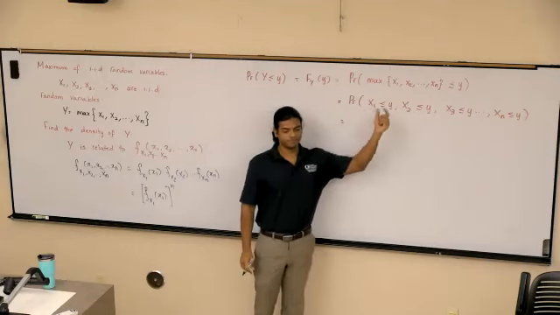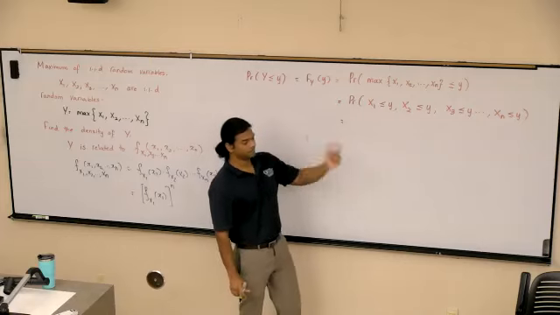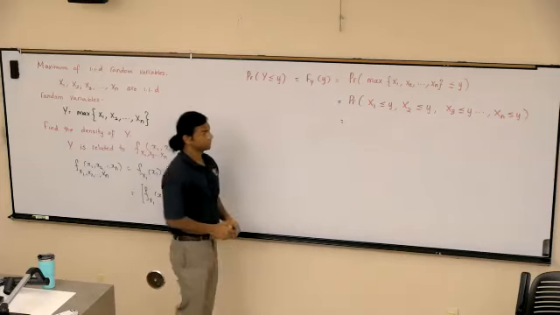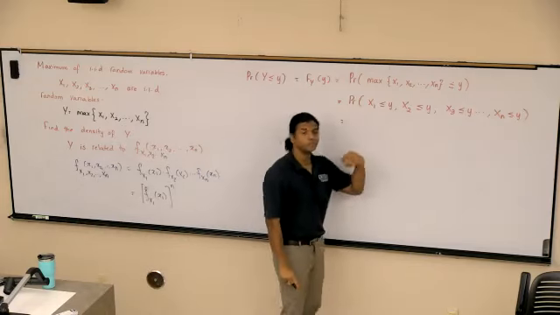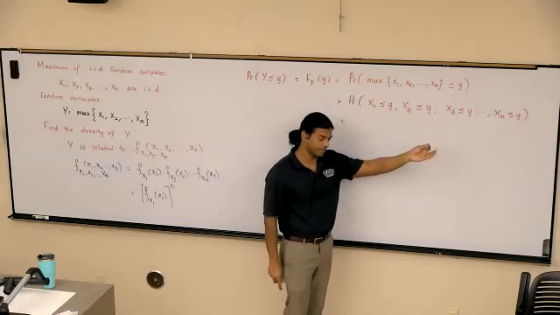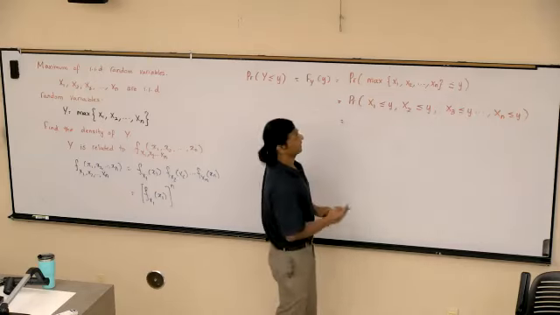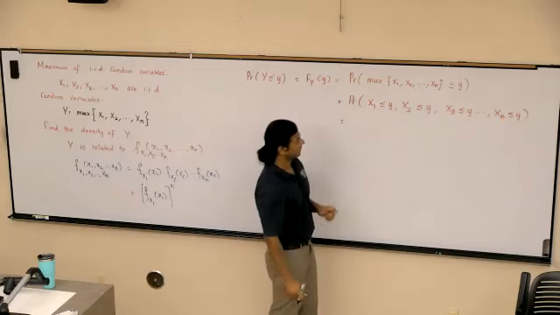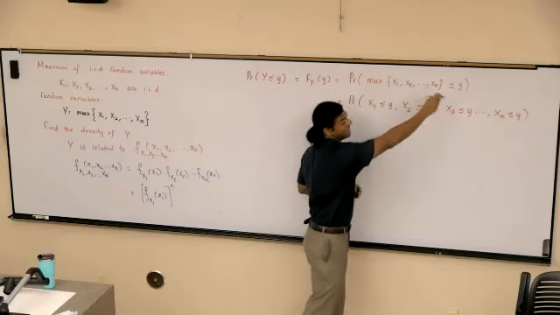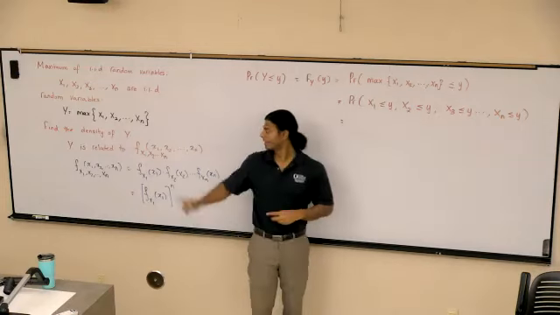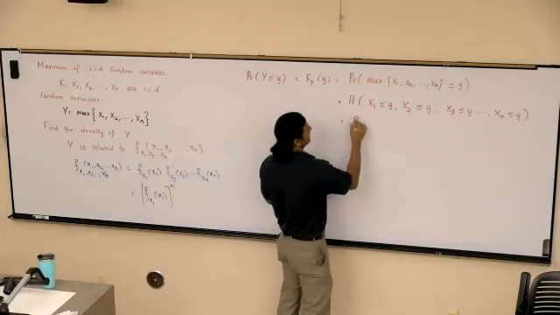Since they are independent, I can write this by splitting it up using the multiplication rule, because what this means is the first random variable is less than or equal to whatever y you have, the second, the third, the fourth, and all the way up to the nth. The relationship is this and that and that and so on. Since they're all independent, I can simply multiply them together.